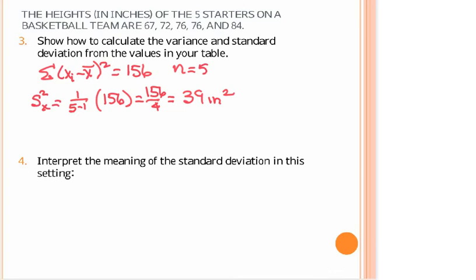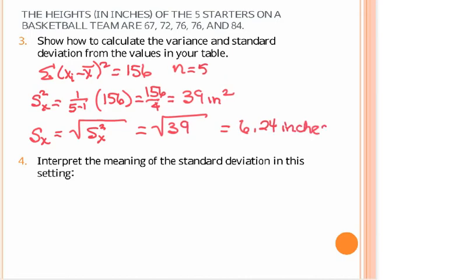But again, we know we can't use that, so we're going to change it to the standard deviation by taking the square root of the variance, which is the same thing as taking the square root of 39 square inches. So what do we get? We get 6.24 inches.